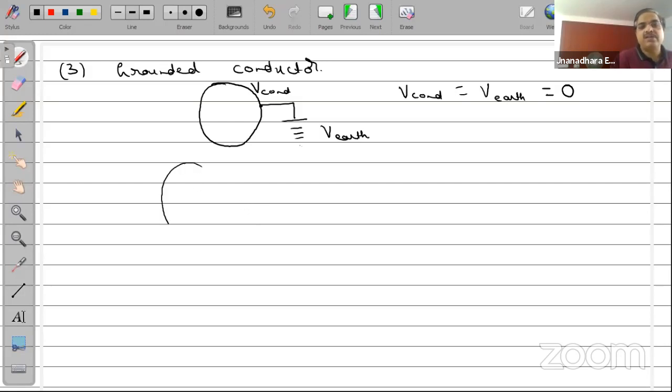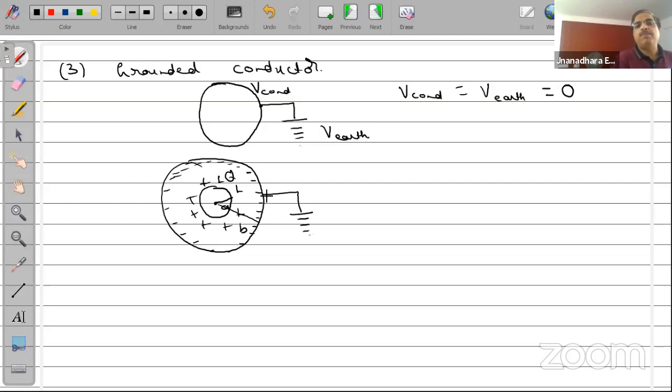So if you consider two concentric shells where there's a charge Q given on the inner one, radius is A, Q is the charge, and the outside is simply connected to the ground. You will find that because of the induction effects, there will be a minus charge induced on this part. The outside positive charges have all gone to the ground, and hence you can't really have any positive charge outside.